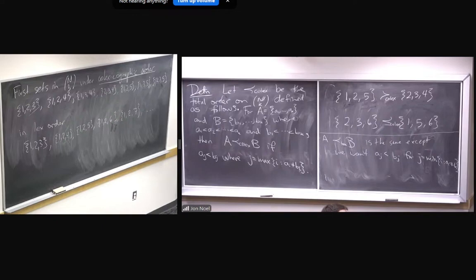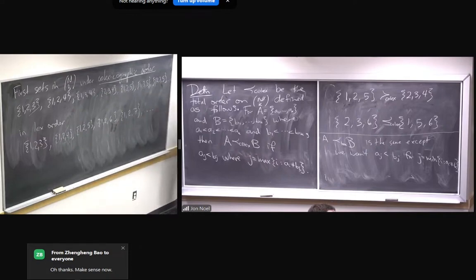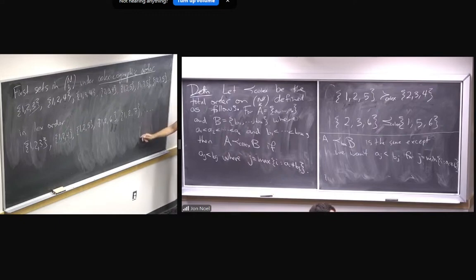I should be careful, because if I fix my ground set to be just the numbers 1 up to n, then going from colex to lex, we flip the ground set. Let's say we're working in n choose 3. There is some relationship between lex and colex, where you can think of it as switching the ground set backwards, maybe taking complements or something.